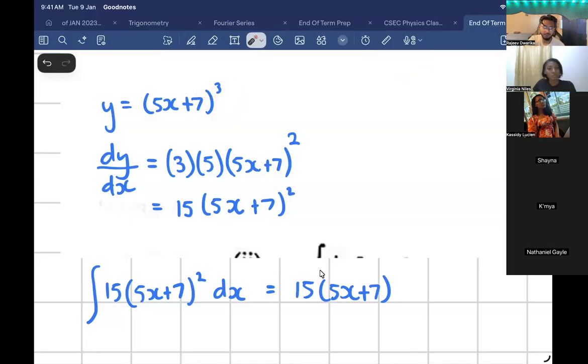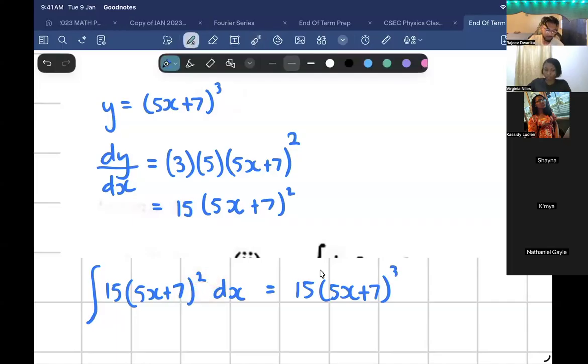So you're not just going to divide by the power. Here's what you're going to do. The first thing you'd have to do is add back 1 to the power. And if you add back 1 to the power, that'll be what? 3. Okay, cool. So I'll put 3 here. And then, like you just said, I multiplied by 3. So what will I do now to reverse the process?